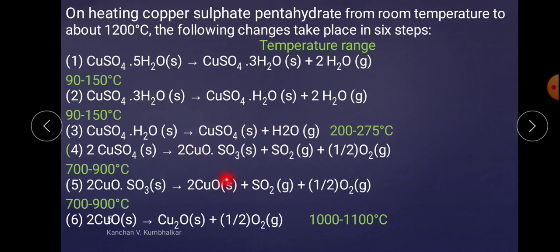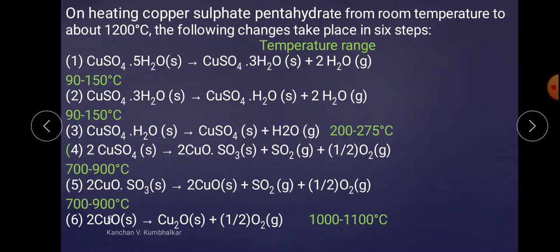This complex, yellow or golden colored, is formed in the temperature range of 700 to 900 degrees Celsius. From 275 degrees Celsius to 700 degrees Celsius the compound is quite stable and there is no weight loss, so a plateau is observed here.